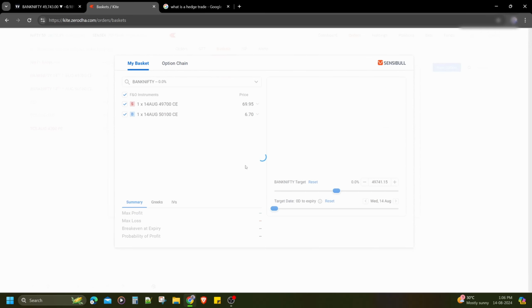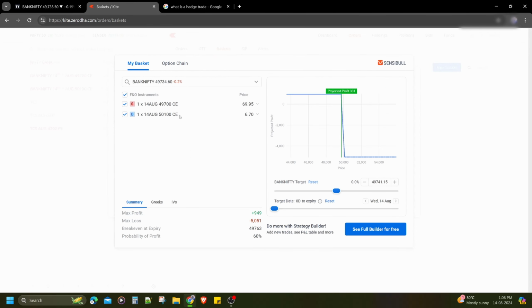You can observe these two are the trades that we have added into our basket, and the maximum profit is around 949 rupees. This is the maximum profit that we can get out of this trade, and this is the maximum loss if the trade goes against us. The probability of profit is 60%.